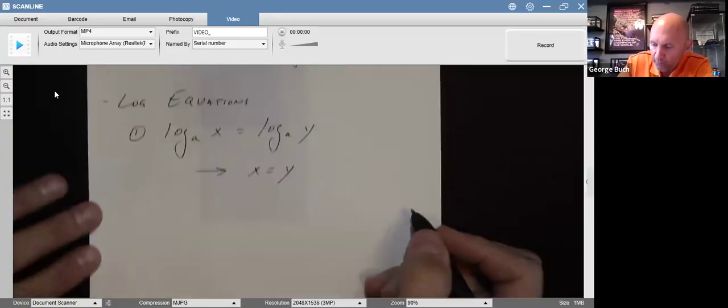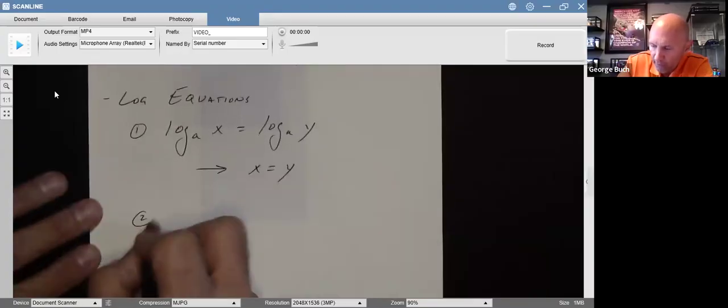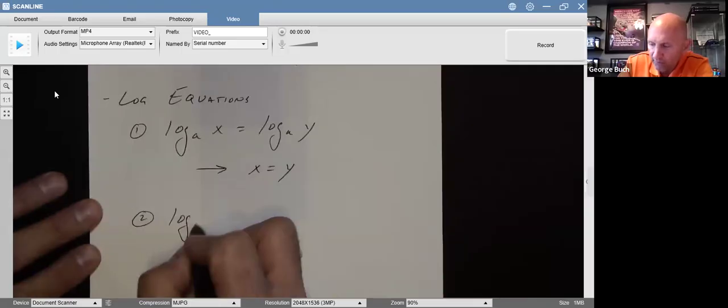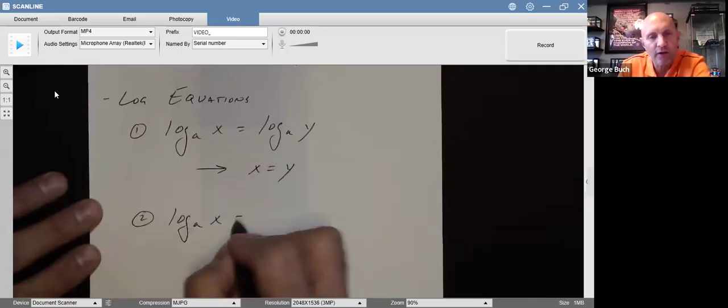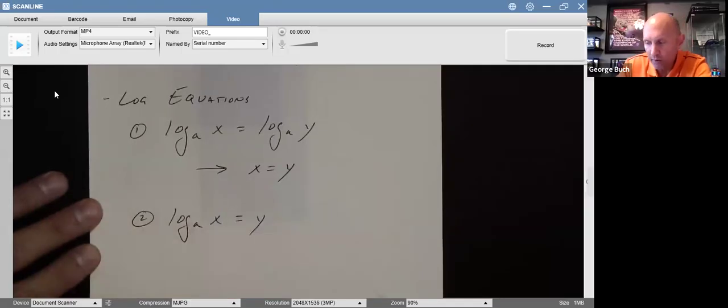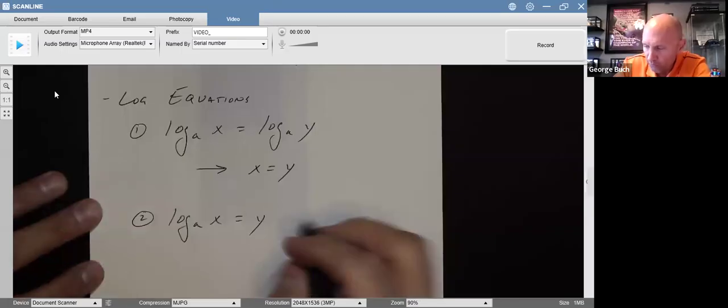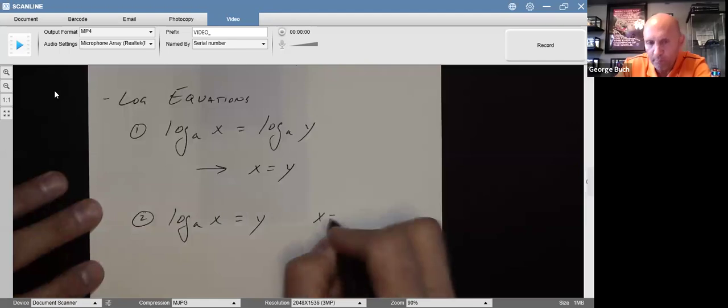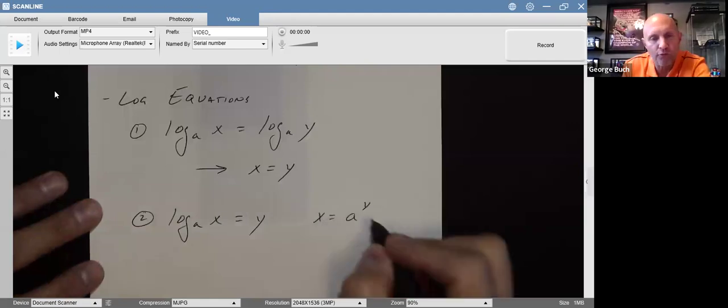And the other possibility is where you're going to have log base a of x is equal to some value y. This is our basic log property. And so all you're going to do is to get rid of the log, move it over. So x is equal to a to the y power, and then solve from there.